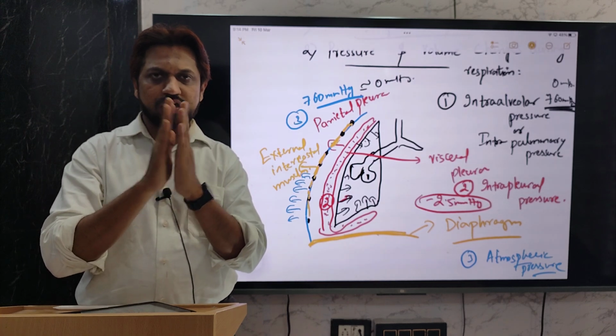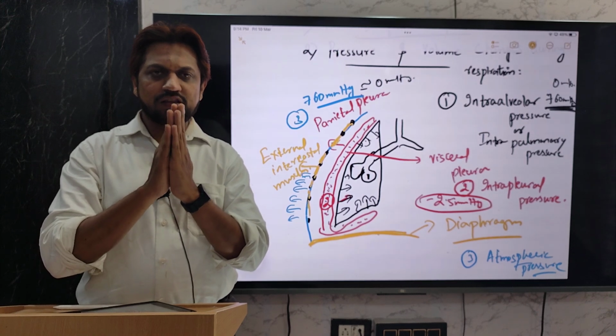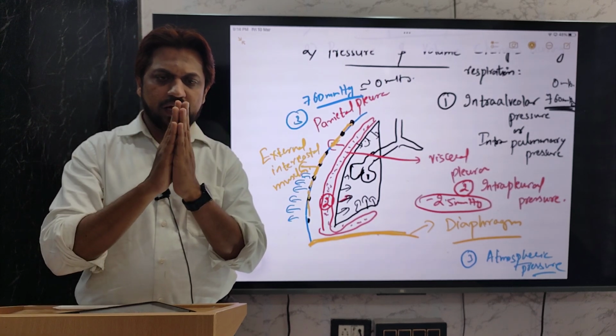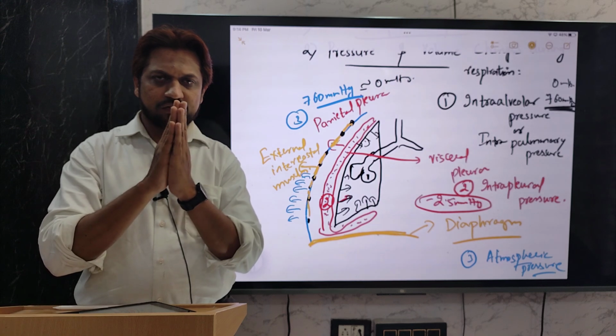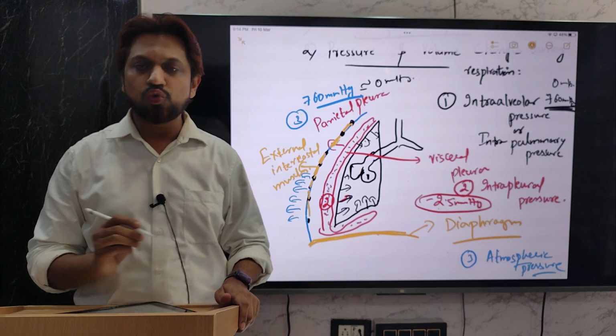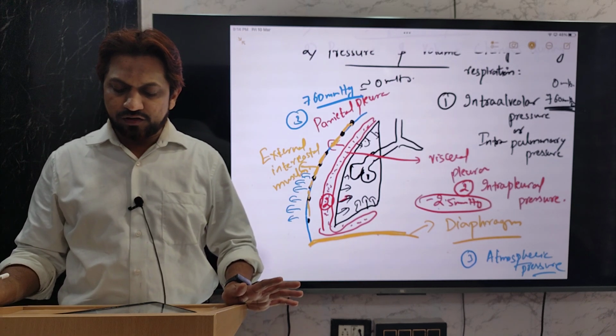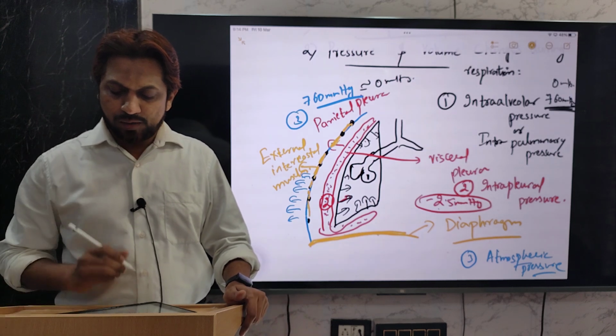Constantly they remain in that cavity. So whenever they are recoiling, this causes a suction pressure or a negative pressure. Generally it is around minus 2.5 millimeter of mercury.